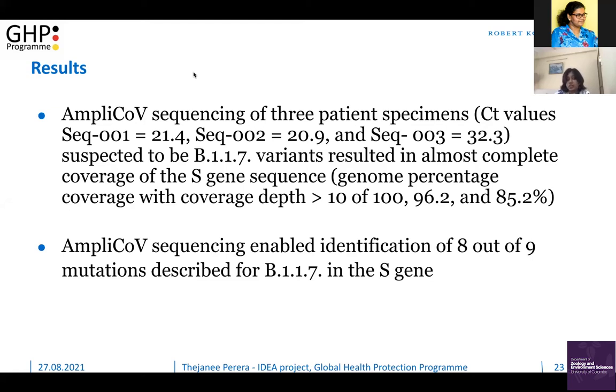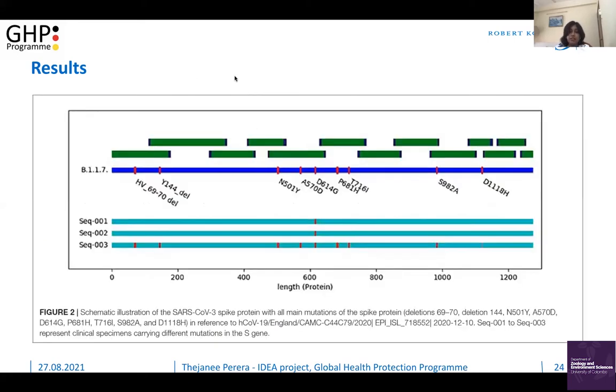And they wanted to see if the assay is working for that variant, and they were able to identify 8 out of 9 mutations occurred in the S gene in variant B117. You can see it from the next slide in the figure.